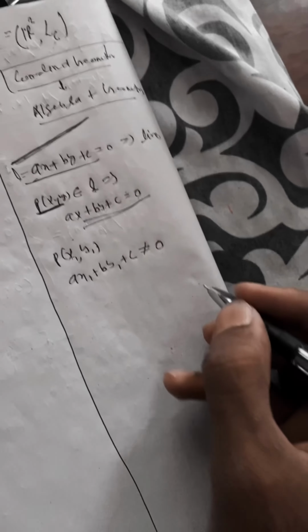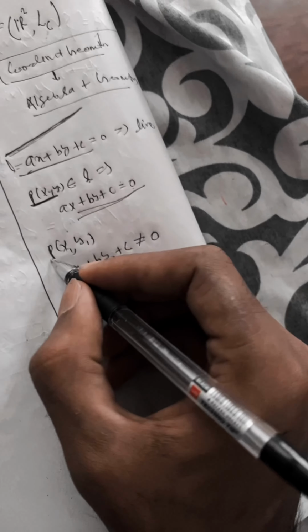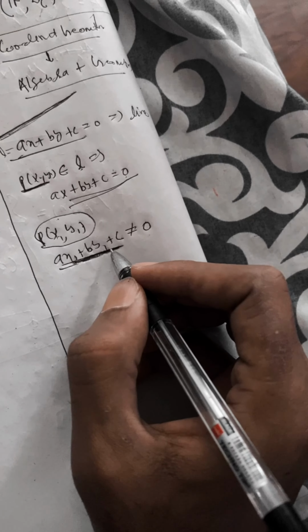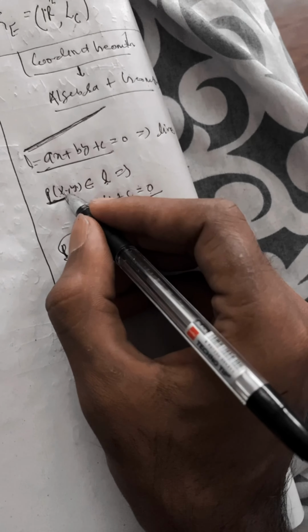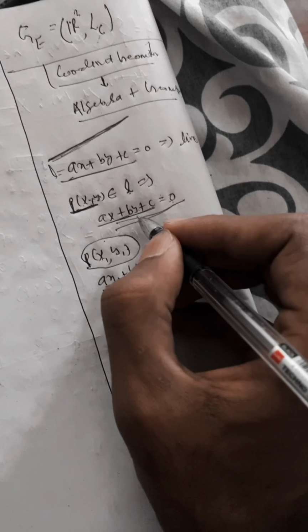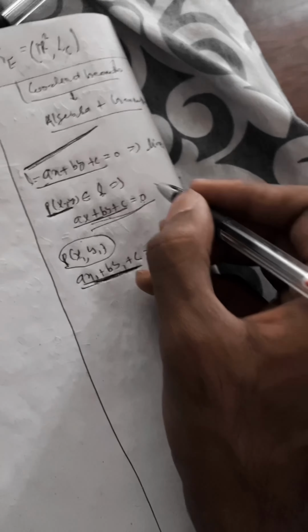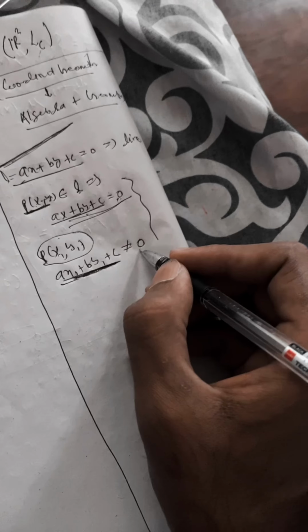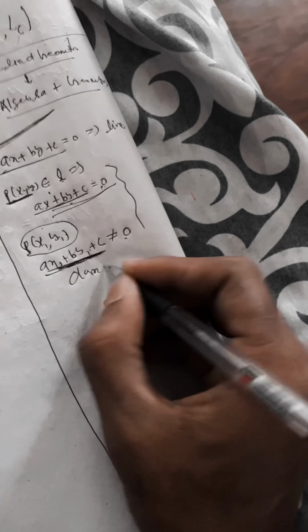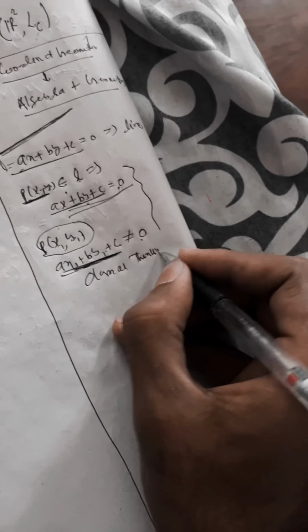Suppose this is not 0, then what does it mean? It means this point does not belong to this line. Here we substituted x and y into this equation and we got 0. It means this point belongs to this line. So this is either 0 or not 0. Either it belongs to this line or it does not belong. This is classical thinking.